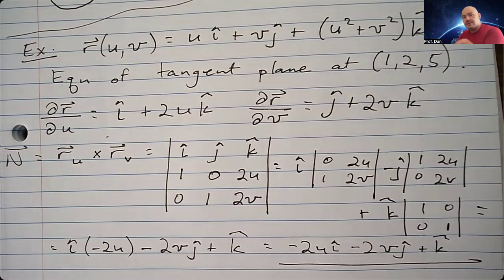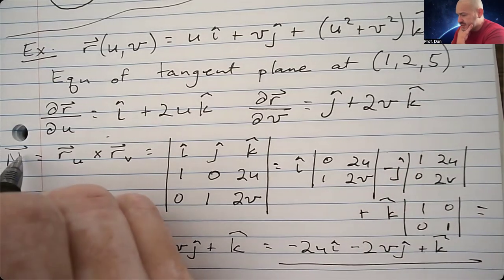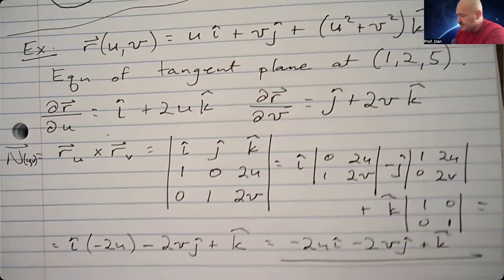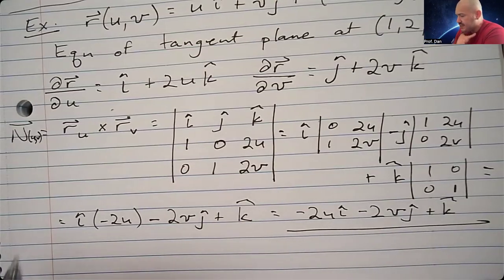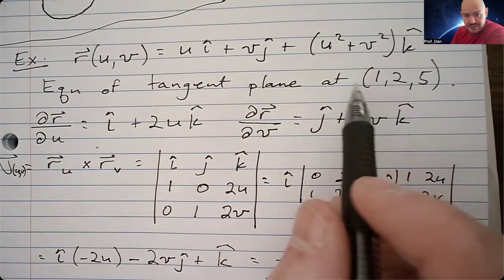But keep in mind, this is not in terms of x, y, and z. This is in terms of u and v. So we have to go back and figure out what the values of u and v are at the point that we want. All right, so this is the normal vector at a point u, v. If I want to find the normal vector at the coordinate 1, 2, 5, I have to figure out what u is and what v is.